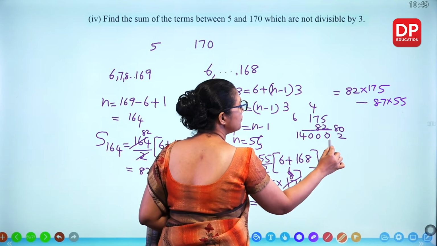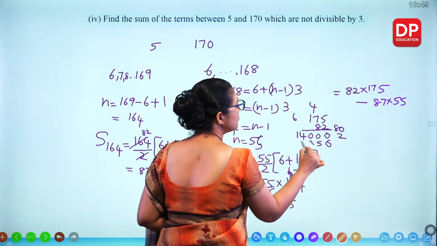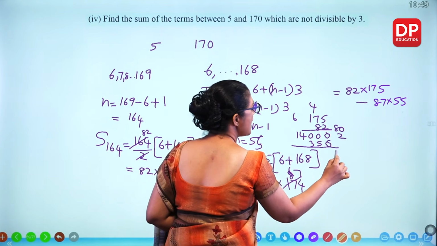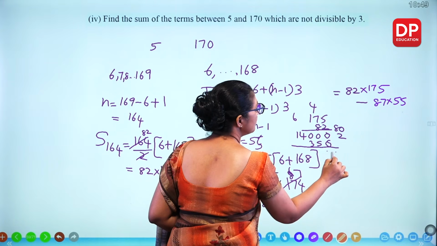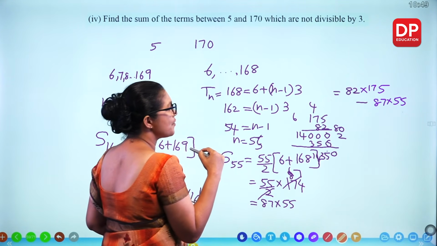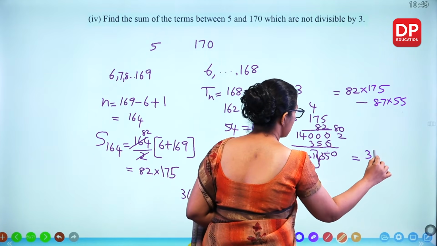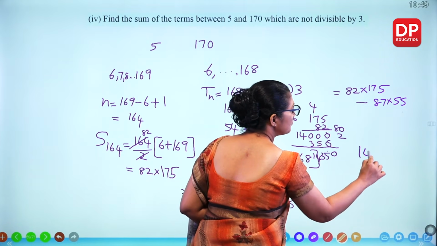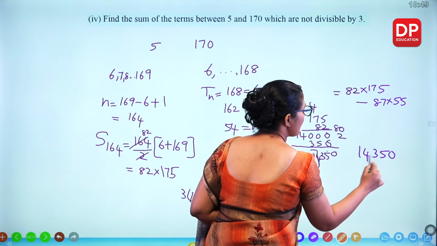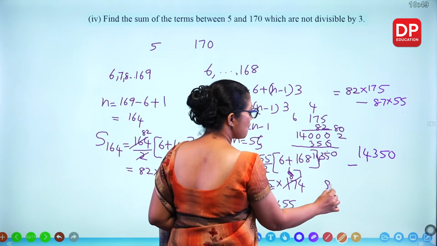Multiplied by 2. So when you add 14,350, first answer, 14,350 minus, now multiply 87 times 55.